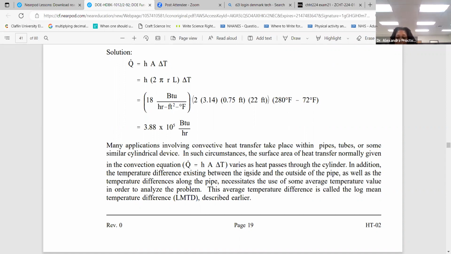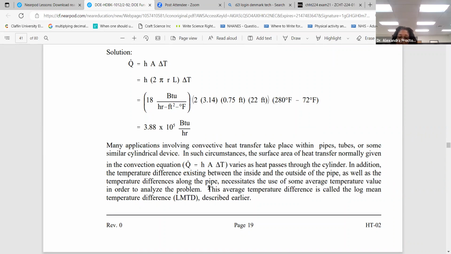So many applications involving convective heat transfer take place within pipes, tubes, and some cylindrical device. In such circumstances, the surface area of heat transfer, normally given in the convection equation, Q is equal to HA delta T, varies as heat passes through the cylinder.